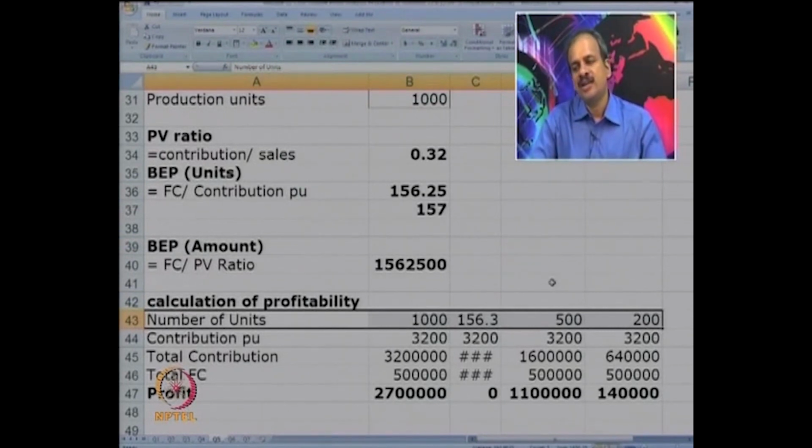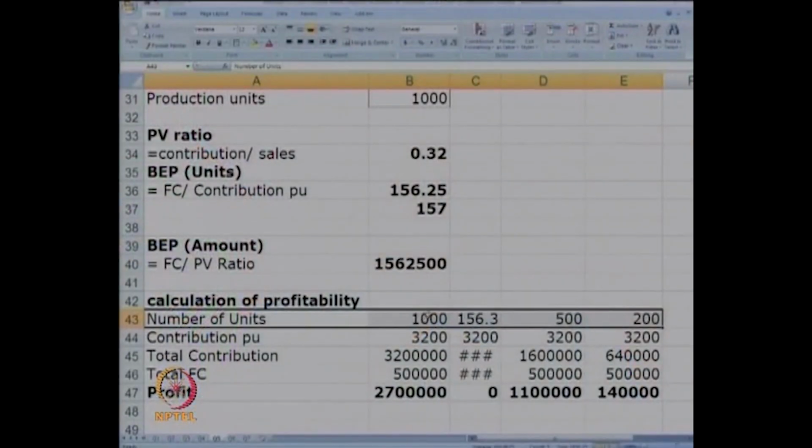Now let us try to understand one more concept. This concept is known as operating leverage. Here, while calculating the profitability at various levels, you would have realized that the sale becoming half, profit decreases much more, or if the sale doubles, the profit will change not by double but much more than double.